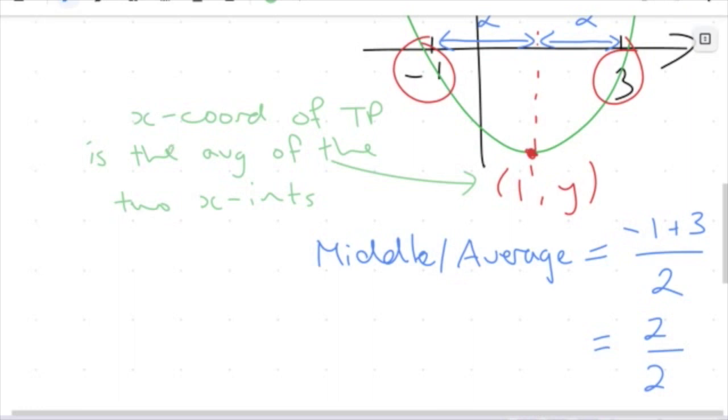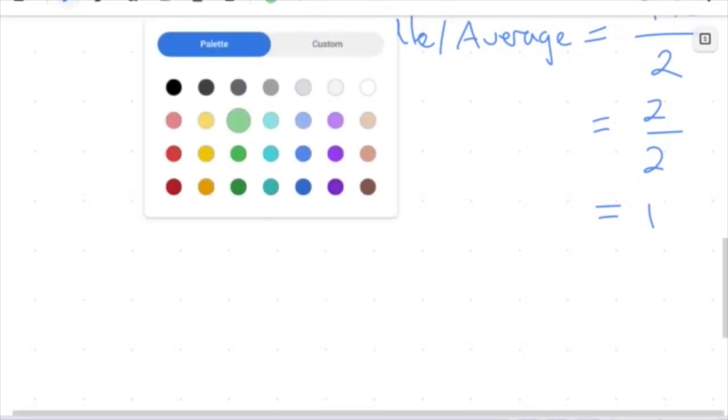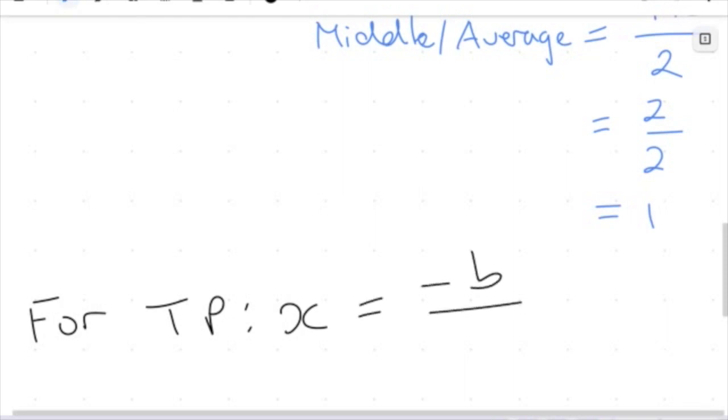This is a very important idea because when you look into your textbooks, you'll be given this really mysterious formula when you start talking about turning points using the quadratic equation and the discriminant. Now, you will be given something that says for the turning point, x equals minus b on 2a.